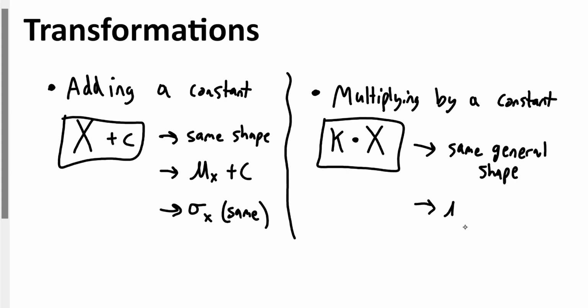The mean is multiplied by that k, so it is changed. Whereas the standard deviation does also change. So we'll say the standard deviation of x is multiplied by the k, but it's always going to be the absolute value of the k. Standard deviation can't be negative. So let's make sure it's staying as a positive.